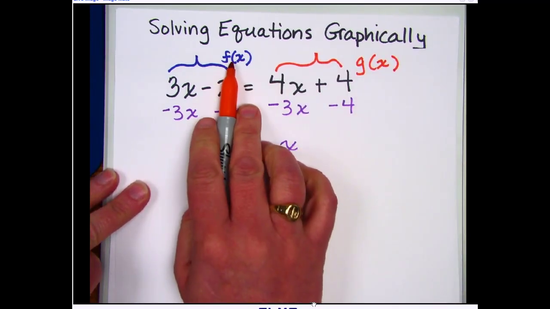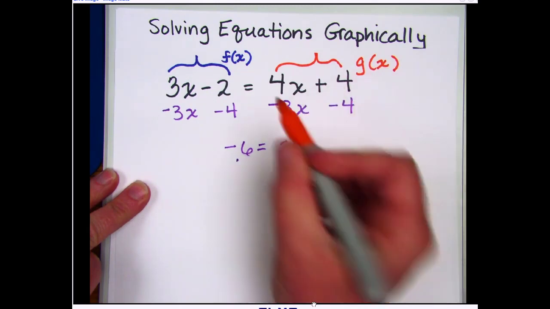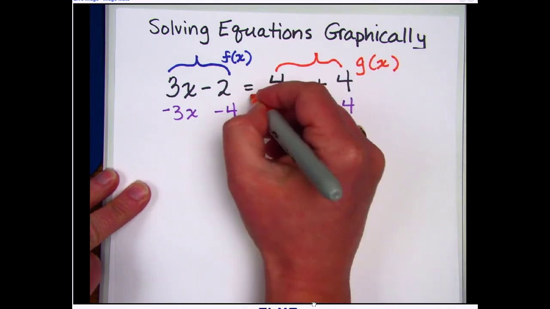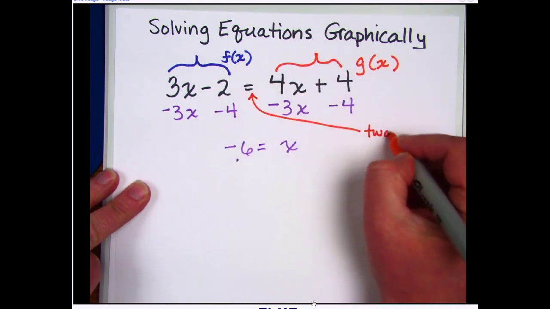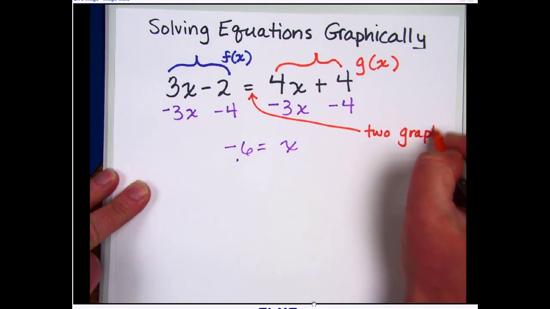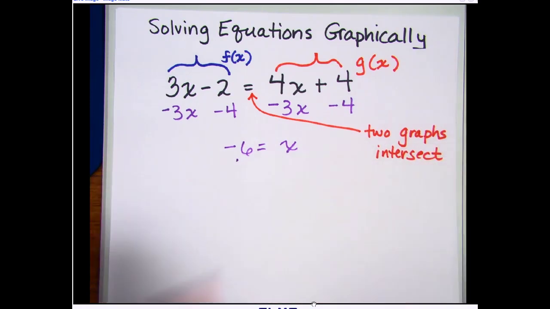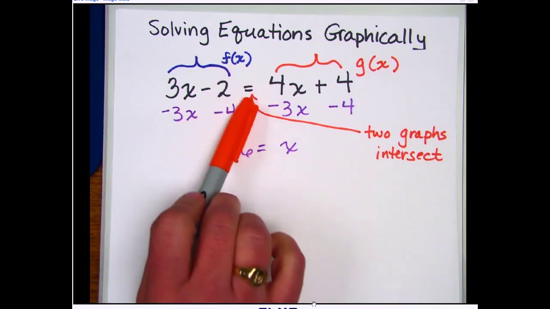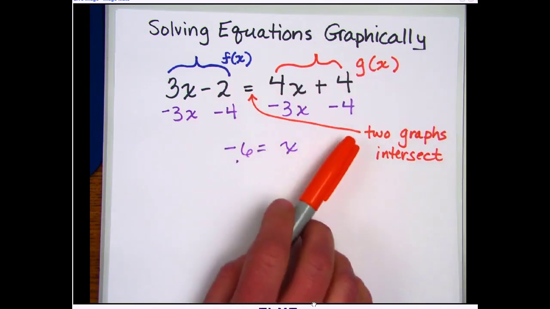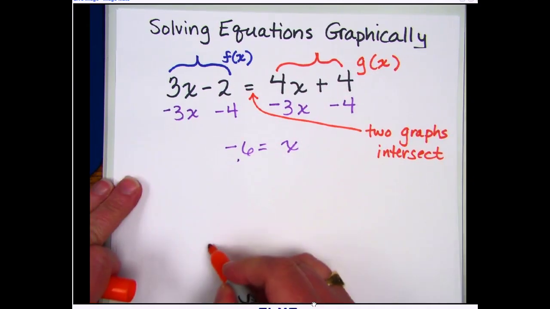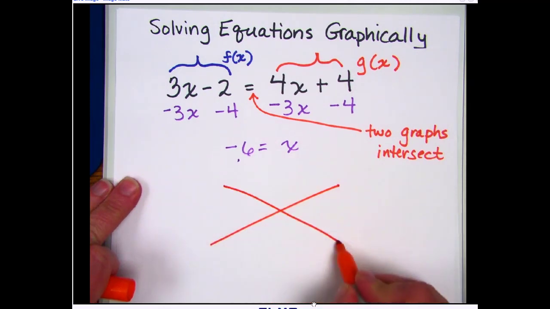And I can graph f of x and I can graph g of x, and they will be equal when the two graphs intersect, right? Two things are equal when they're the same values. And so when this graph is the same value as this graph, the two lines should intersect. And these aren't the graphs of these two lines, but this is just to show you.